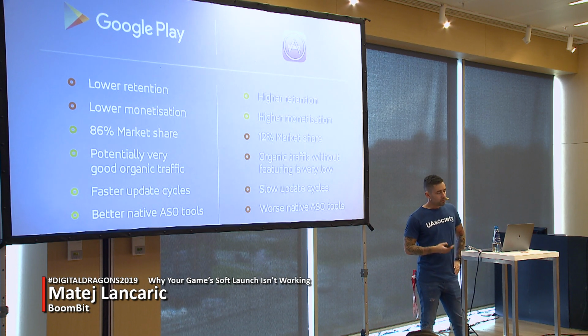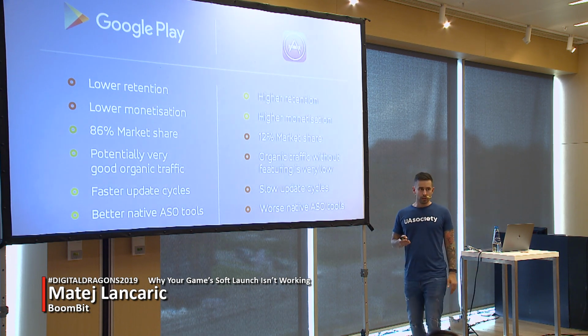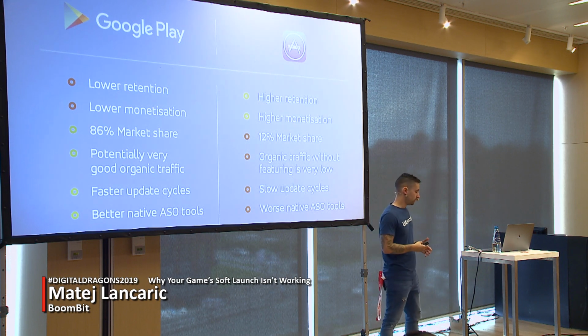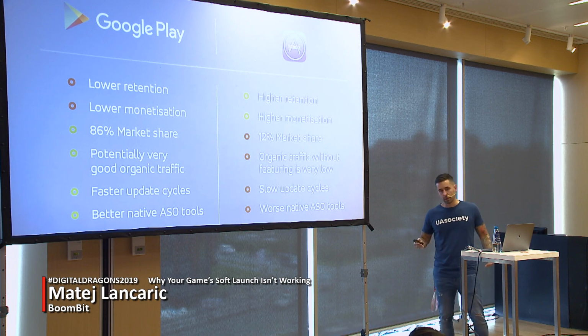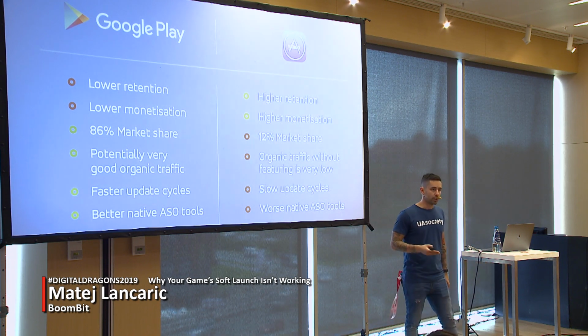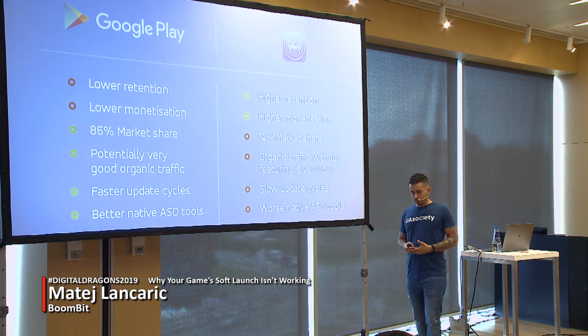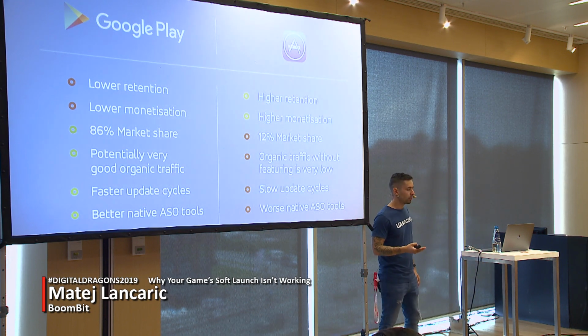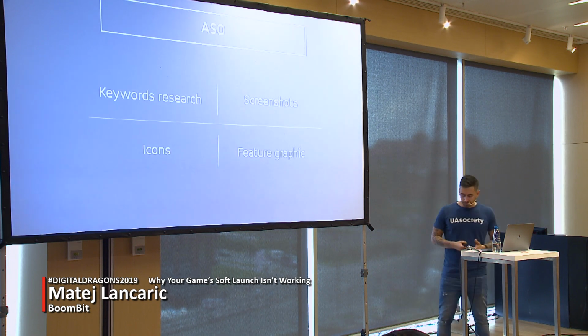So every time we start with Google Play, because we need fast update cycles. We don't want to wait 2 days, sometimes even more, for iOS to approve the game. And in Google Play Console, you have the possibility to experiment with ASO, which brings me here.